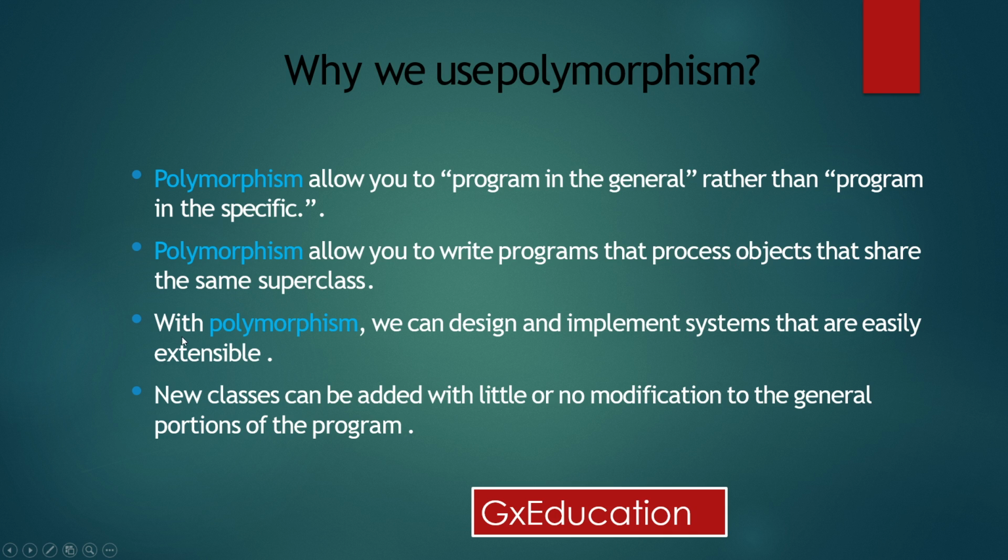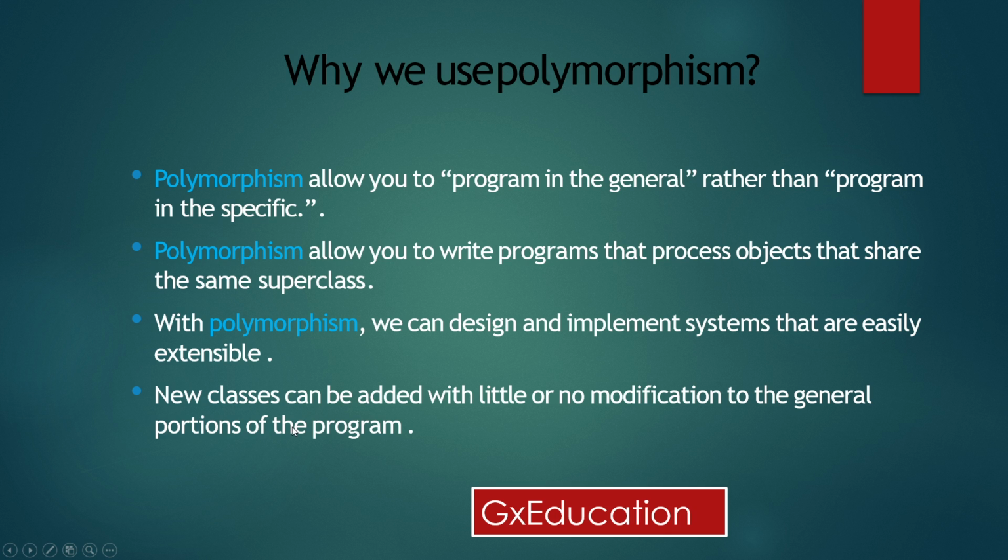With polymorphism we can design and implement systems that are easily extensible. The fourth concept is that new classes can be added with little or no modification to the general portion of the program.